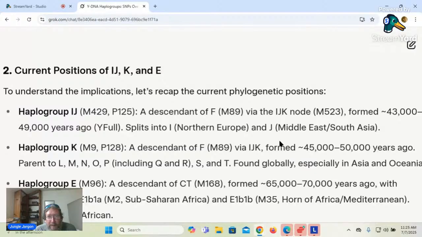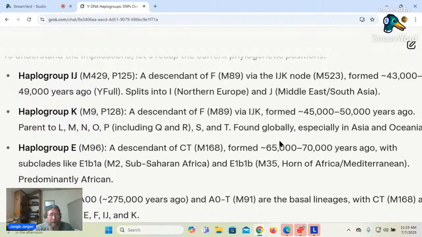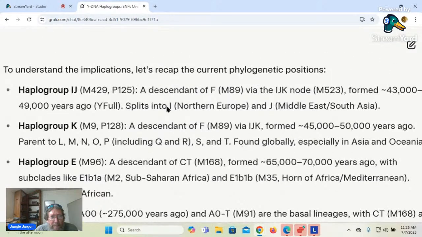Understand implication. Okay, IJ. K is trying to reiterate that IJ, descendant of F. K is the descendant of F, but no, it's a common ancestor, not a descendant.